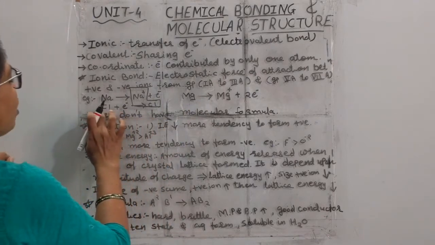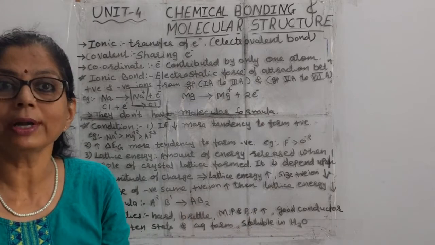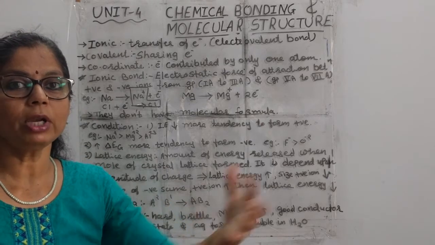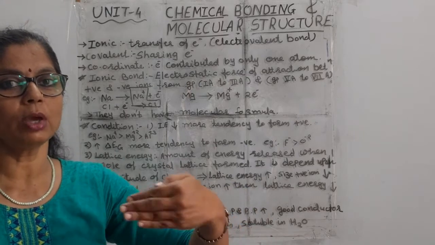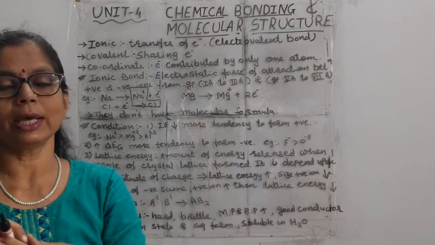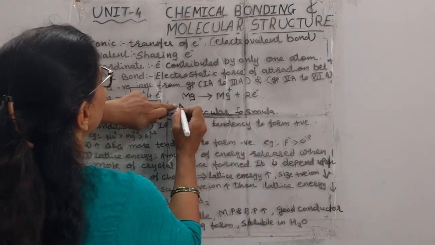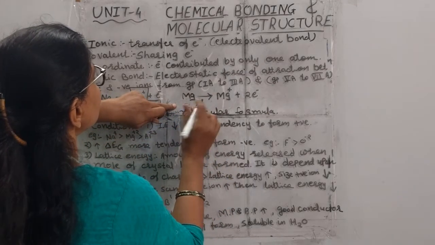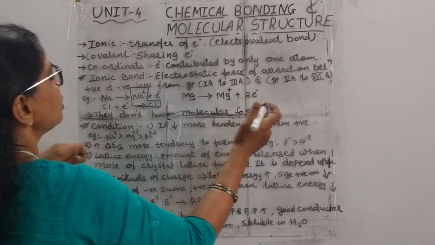Same way, as you know, chlorine requires only 1 electron. So now what happens? Magnesium will call the 2 chlorines from both sides, and magnesium gives 1 electron to this chlorine and another electron to this chlorine. We can draw the structure for this.